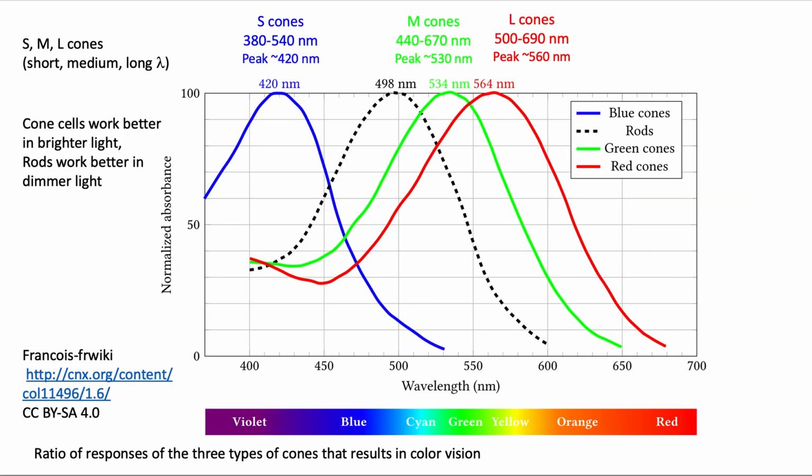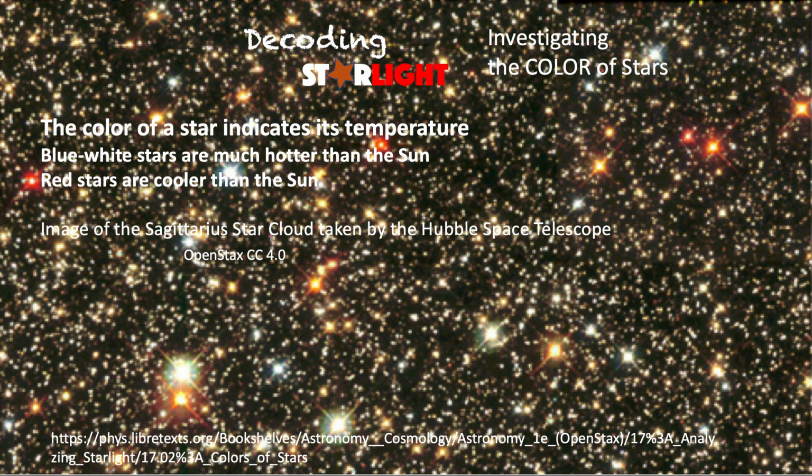And here you can see the wavelengths overlap a bit for the cones, with the shorter blue cones on the left, the longer red cones on the right. The dotted line shows the wavelengths that the rods are able to see.